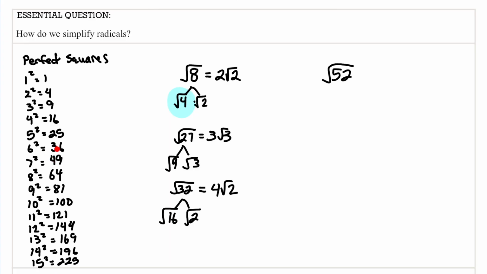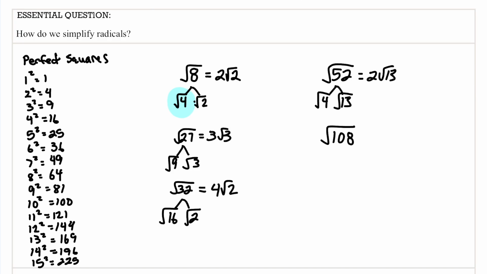That doesn't work. 36 doesn't work. 25 is not going to work. 16, we can try that. 52 divided by 16 is 3.25, so that doesn't work. 52 divided by 9 doesn't work, so we have to go all the way down to 4. So we end up with the square root of 4 times the square root of 13. So the largest perfect square factor that divides 52 is 4. So that would become 2 square root of 13.